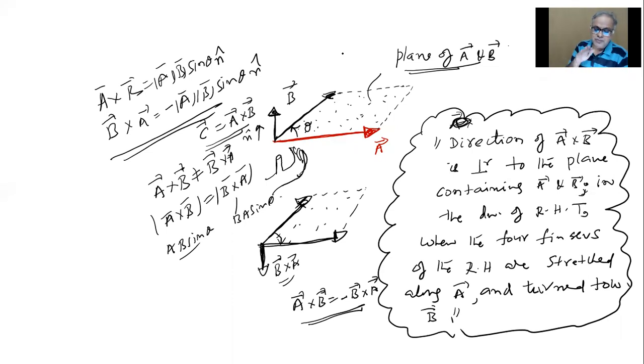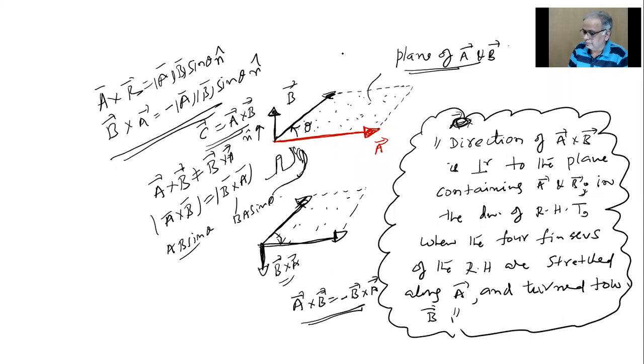The direction is basically perpendicular to the plane of A and B, but perpendicularly up or down will be decided by whether you would like to calculate the product from A to B or from B to A. That was not a problem in dot product, whether you do it from A to B or B to A. It was one and the same, and we said dot product follows commutative law. But here the cross product is not going to follow commutative law.